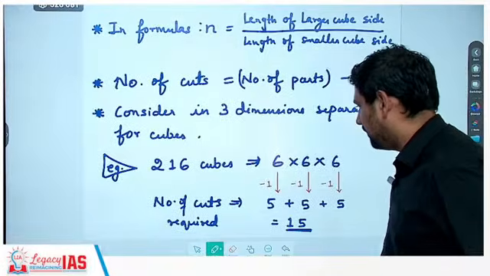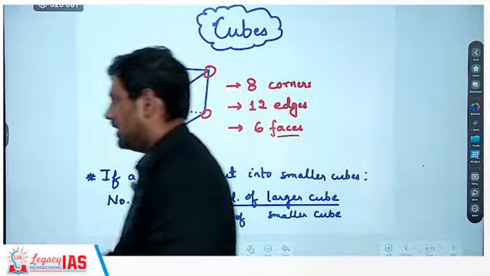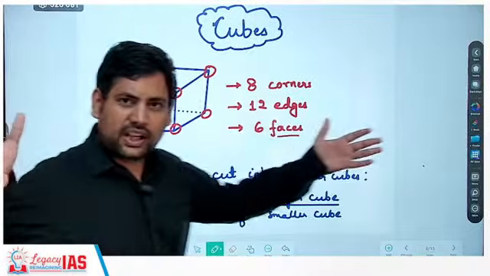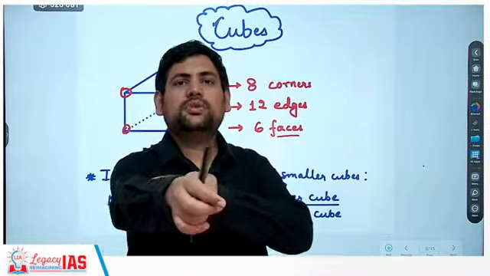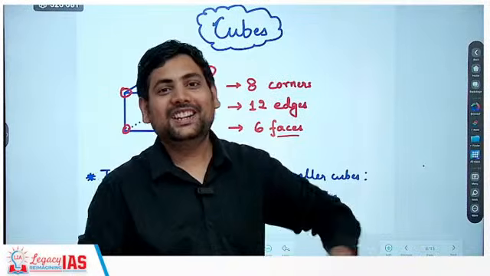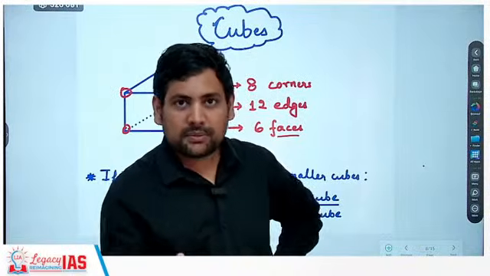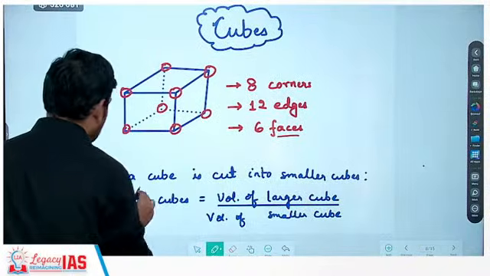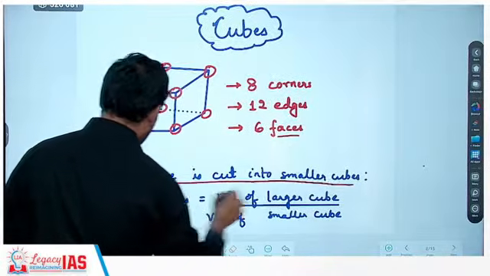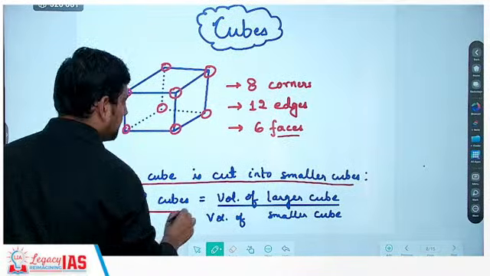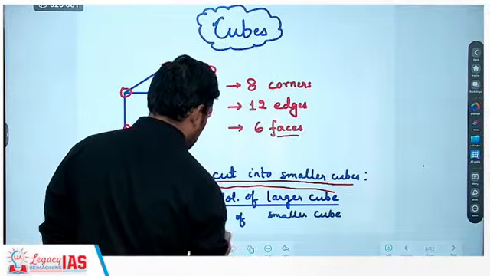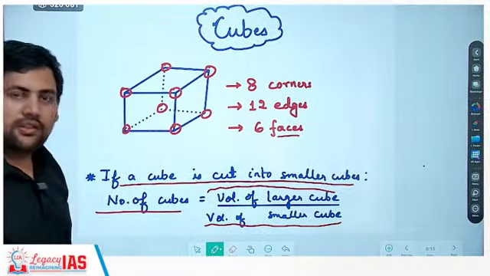Yeah, now see this. First thing, as you saw, that large cube is being cut into small cubes. Now the first question that should come to your mind is how many small cubes will be formed. So you calculate like this: if a cube is cut into smaller cubes, the number of cubes is equal to the volume of the larger cube upon the volume of the smaller cube.